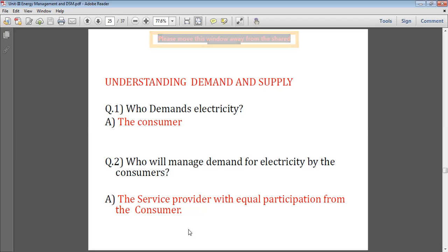Similarly, if it is an industrial consumer, the consumer will try to reduce its maximum demand by improving the power factor, by shifting some of the load to the off peak period, by shifting some low priority load to the night time.